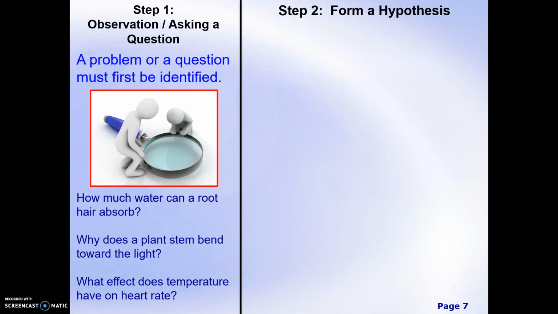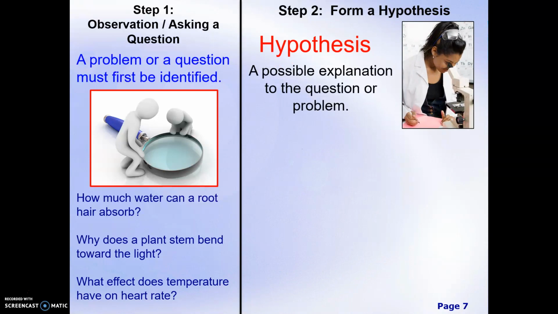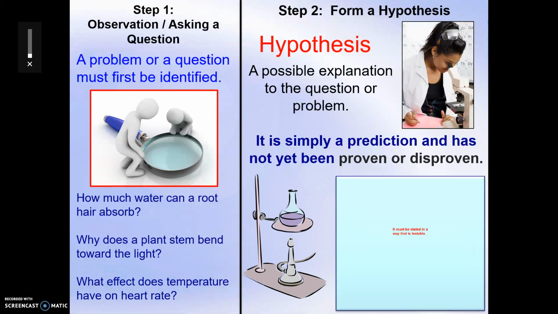Step 2 is to form a hypothesis. A hypothesis is a possible explanation to one of those questions. First we ask a question, we observe something's happening, and then we figure out what we think might be why. So it's just a prediction. We haven't proven anything or disproven anything yet. It has to be stated in a way that we can test.